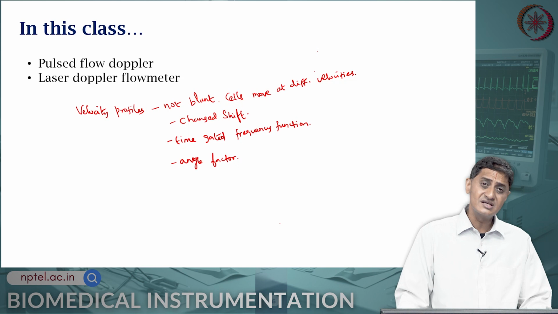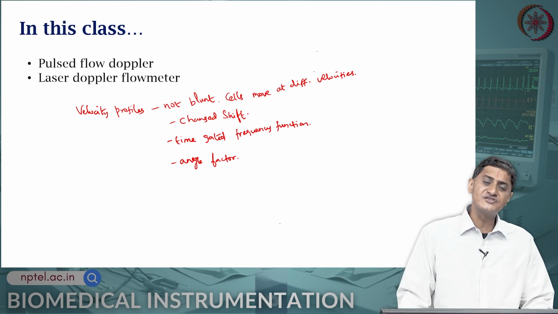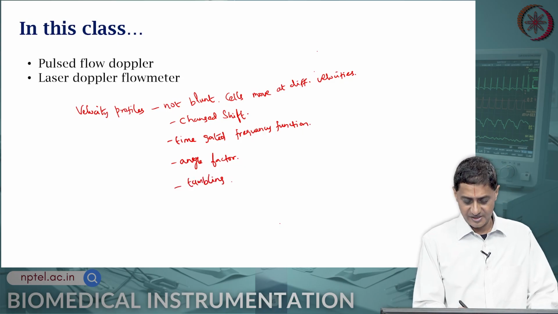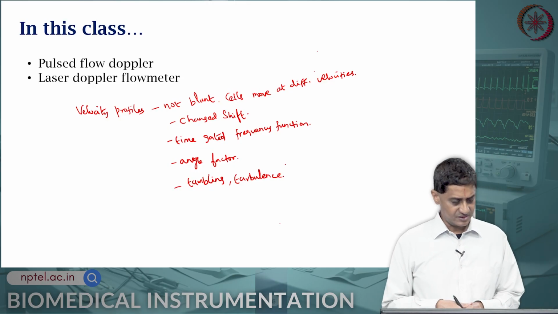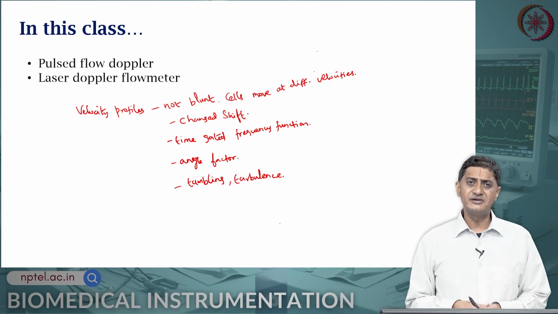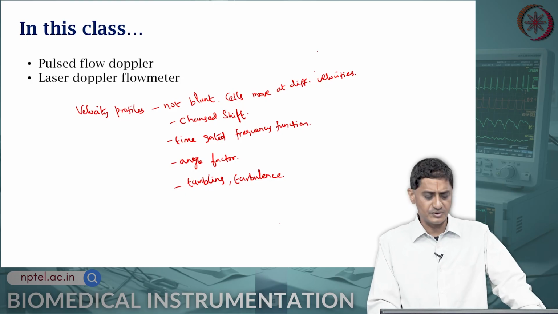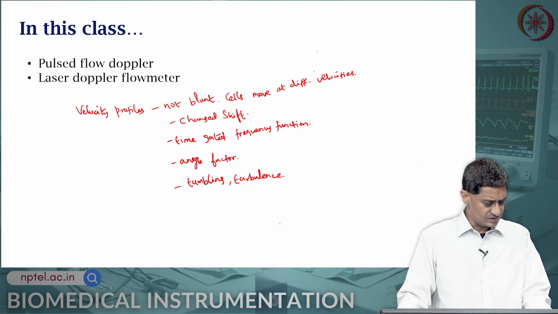And the velocities might change not because of the physiological phenomenon, but maybe due to tumbling, turbulence and other physical phenomena. These are some of the limitations of the Doppler method in general, continuous wave Doppler in particular.